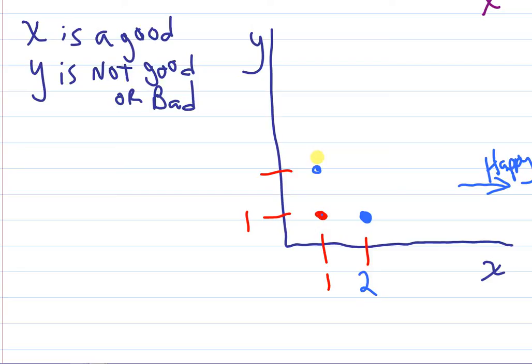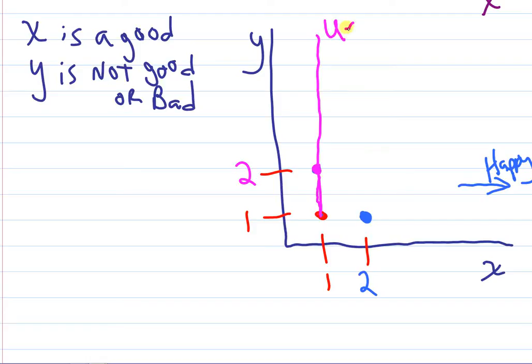Let me get purple. Okay. What about this point where we have 2 y's and 1 x? Is that going to be indifferent to the red or better than the red? Well, I kind of gave away the answer before, but those 2 points are going to be indifferent to each other, and so will any point where I have the same amount of x and more y. So here's an indifference curve.